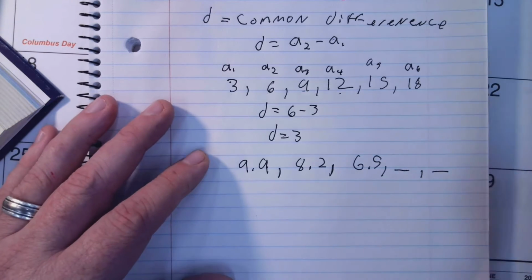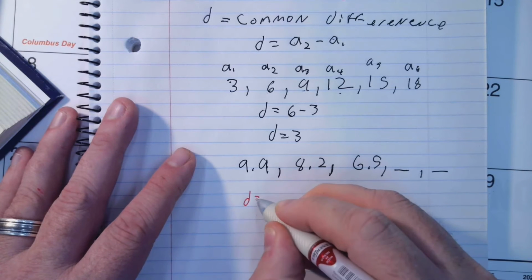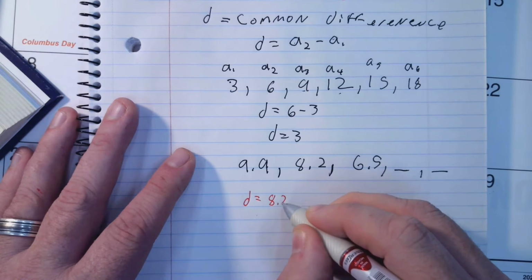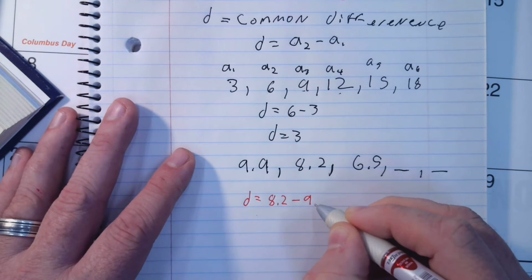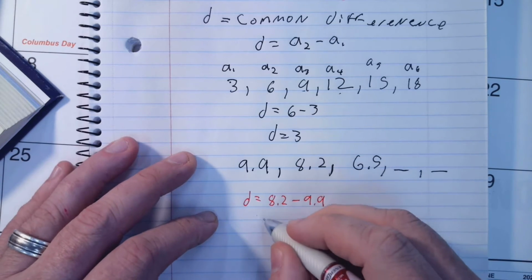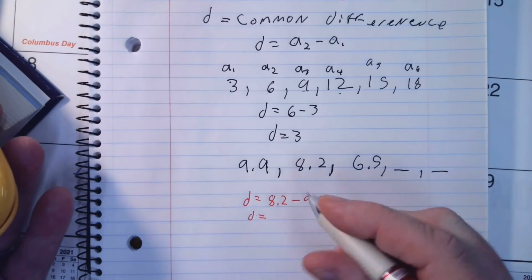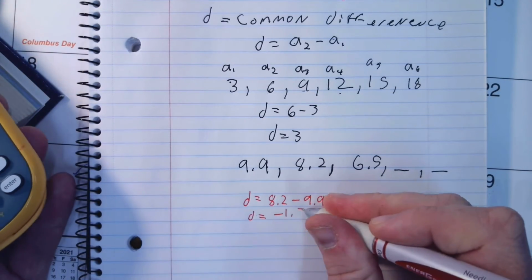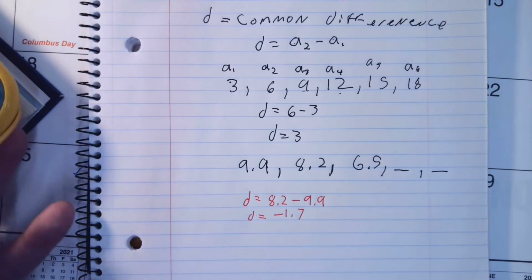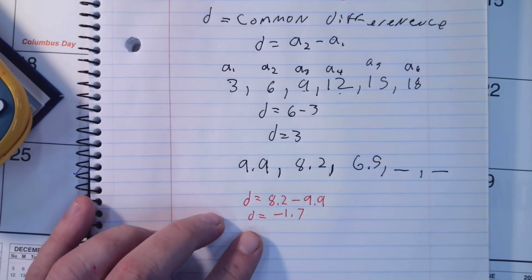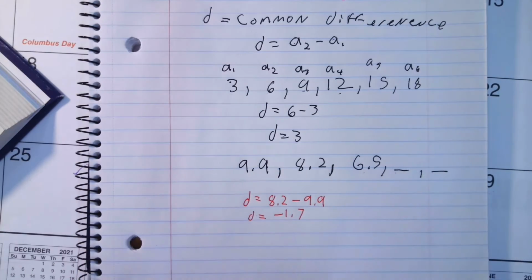Okay, the formula is 8.2 minus 9.9. So the common difference would be what? Negative 1.7? Okay, the calculator helps with that. And so how would I get the next thing, the next term?